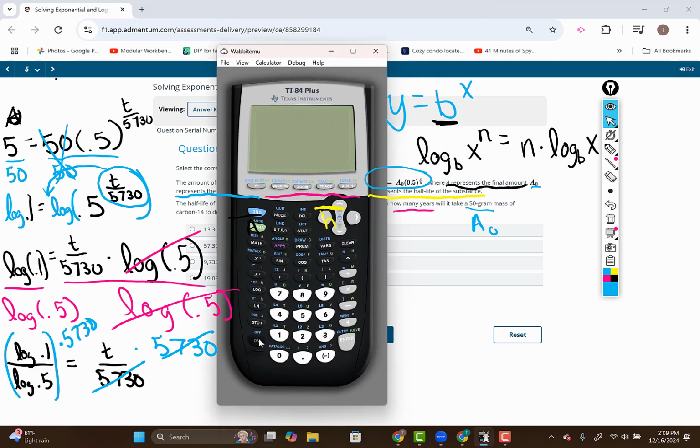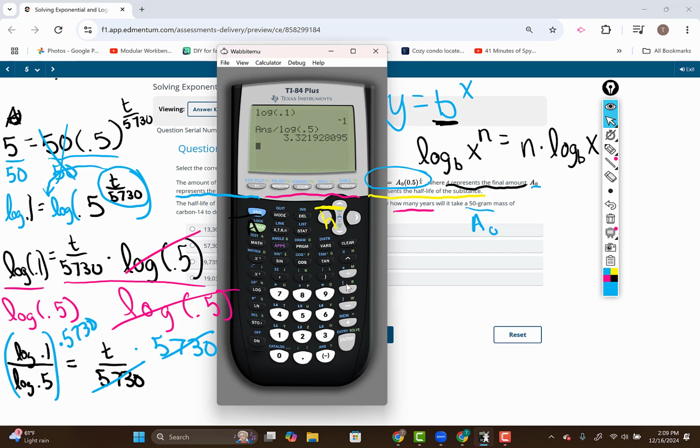So do log 0.1, enter. We get -1. Okay, so we could have done that to begin with. Now we're going to take -1 and divide it by the log of 0.5.